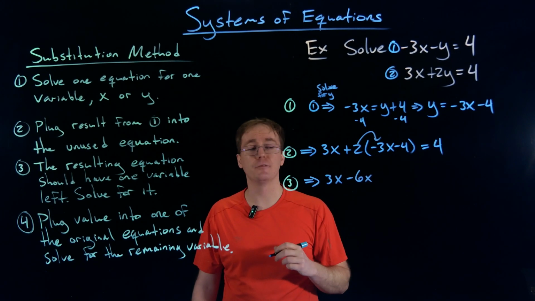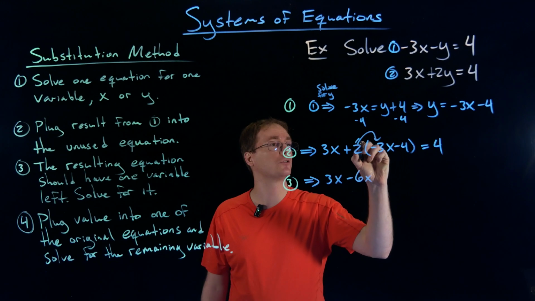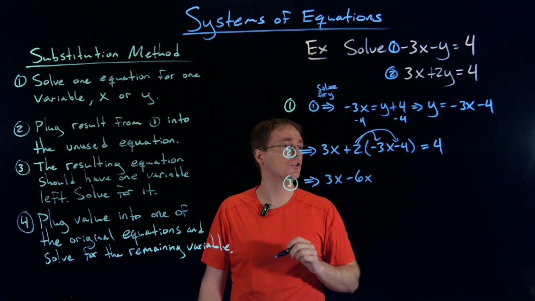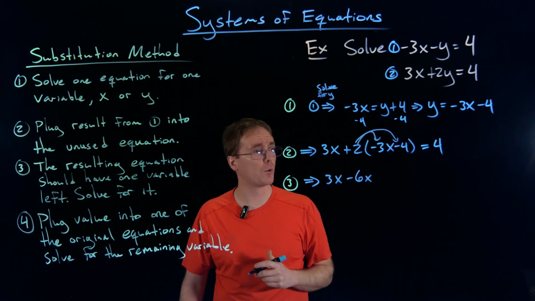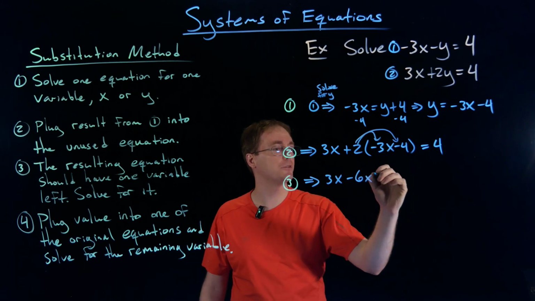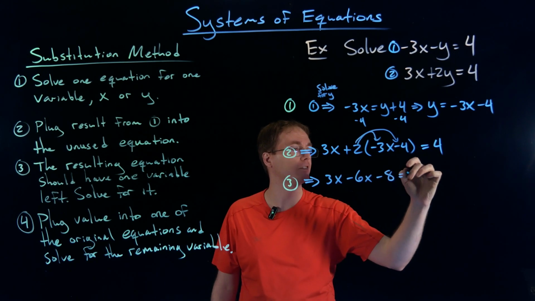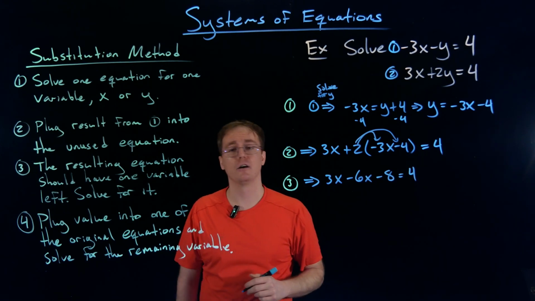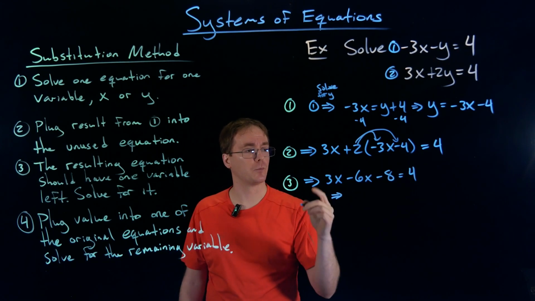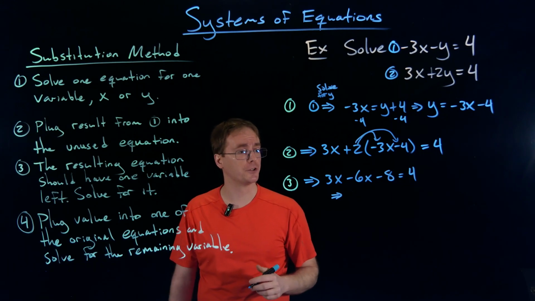That'll give us a term of negative 6x. We also have to remember to distribute that factor of 2 to the constant term of negative 4 in our parentheses. 2 times negative 4 will give us negative 8. And then we can't forget that all of this is equal to the same right-hand side of positive 4. We haven't solved for x yet, but we're one step closer to doing so.